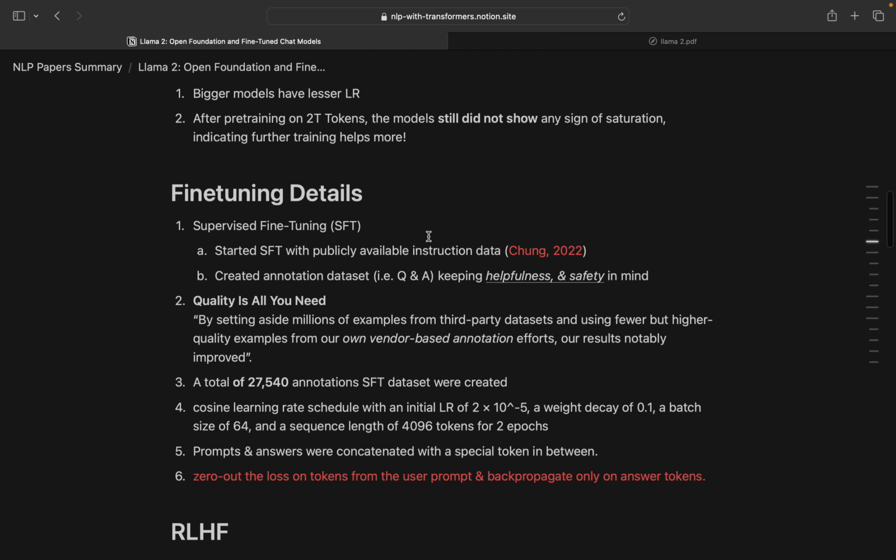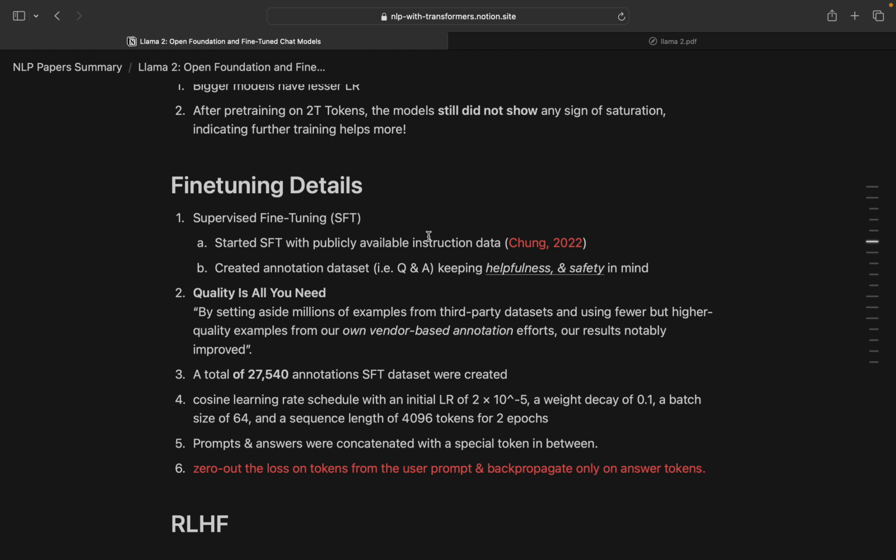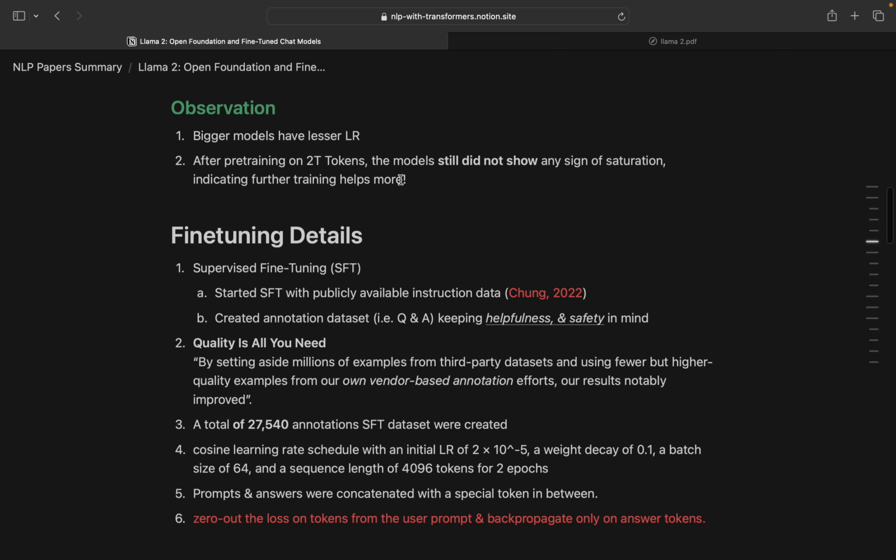So let's go on to the fine-tuning details. Supervised fine-tuning: so far, they have just taken the internet data. Of course, they have applied a lot of safety measures to clean the training data set. And next comes the SFT.